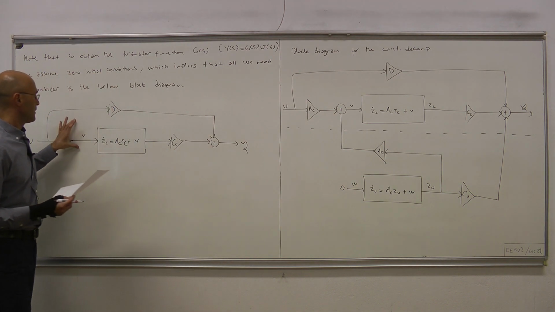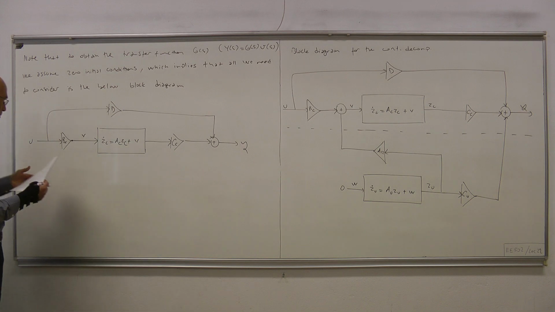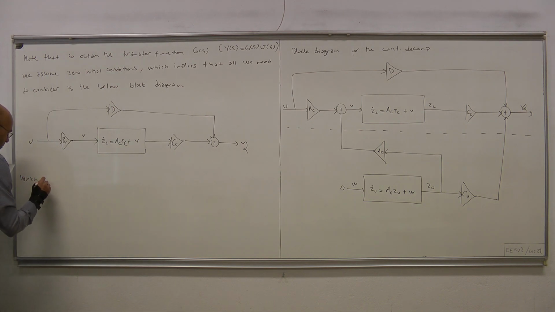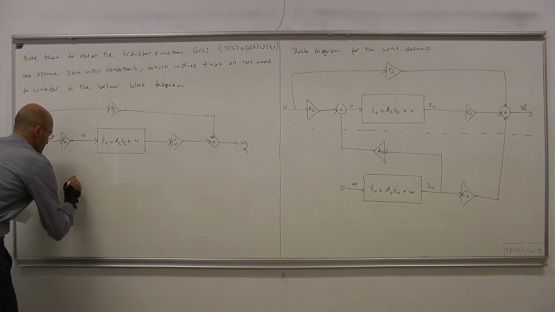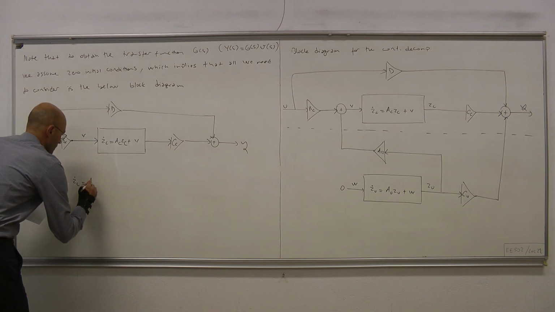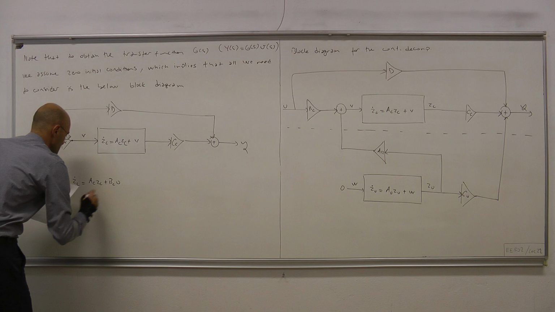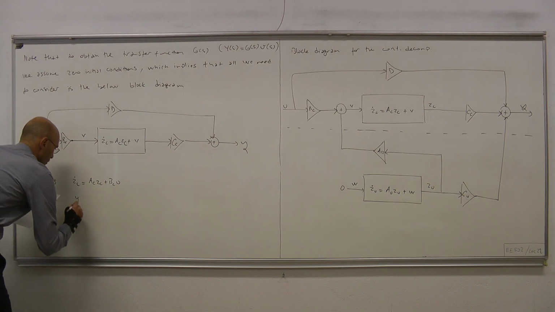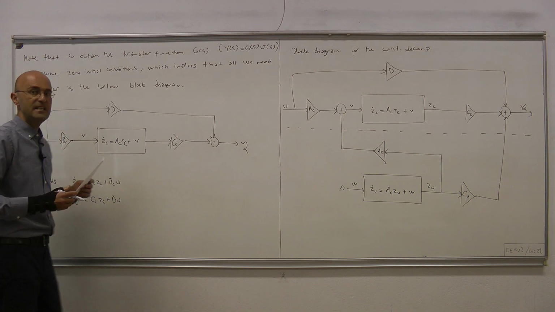Let's now figure out the state space representation of this simpler system. So this block diagram yields the following representation: ZC dot equals AC ZC plus BC U, and Y equals CC ZC plus D U.